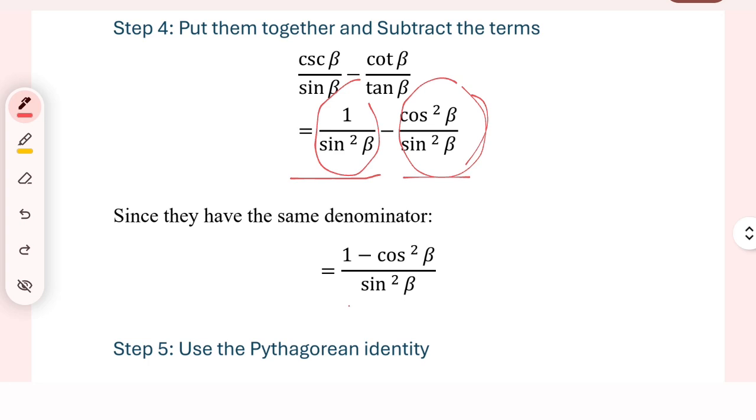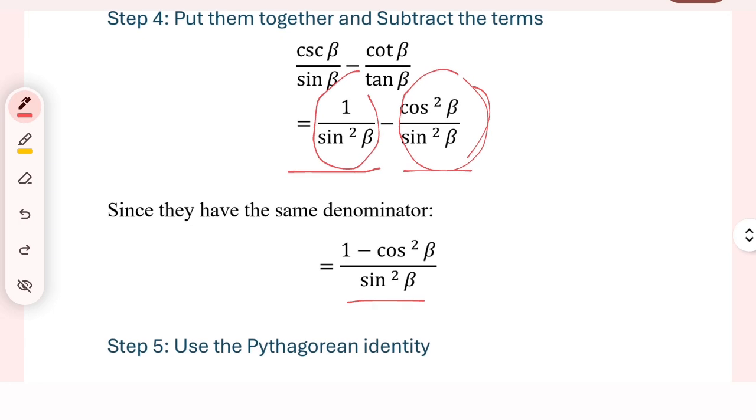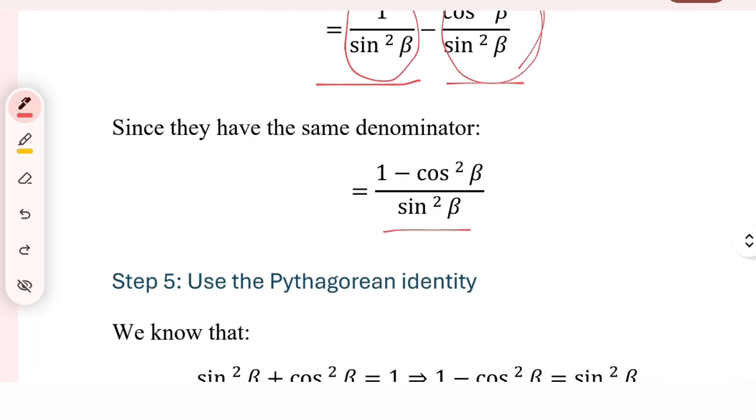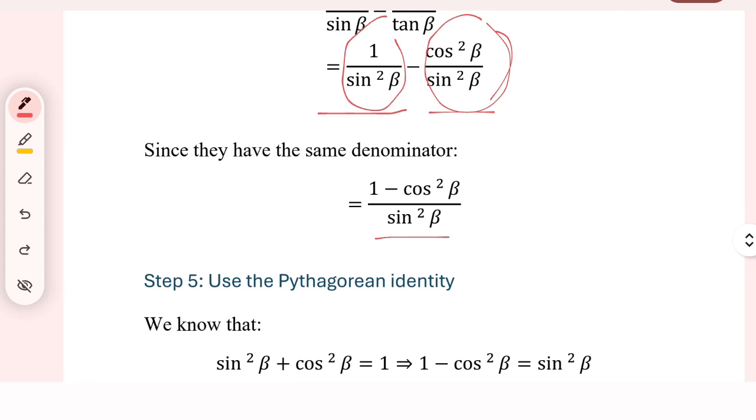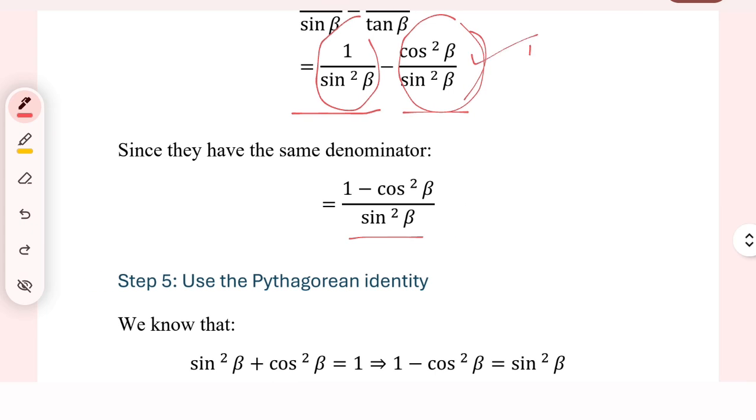So we can combine them into one fraction. It would be 1 minus cosine square beta divided by sine square beta. Since these two have the same denominator, sine square beta, we put them together like this.